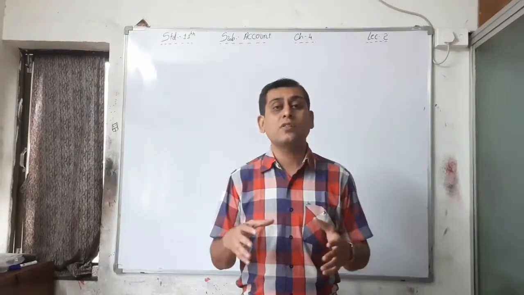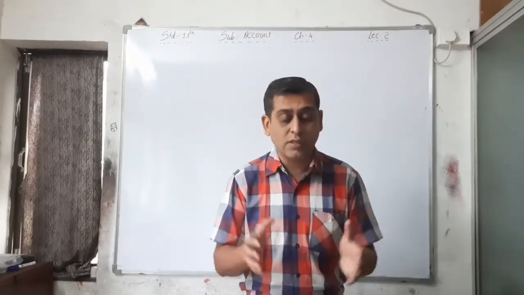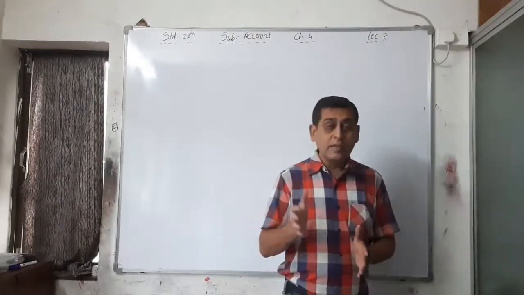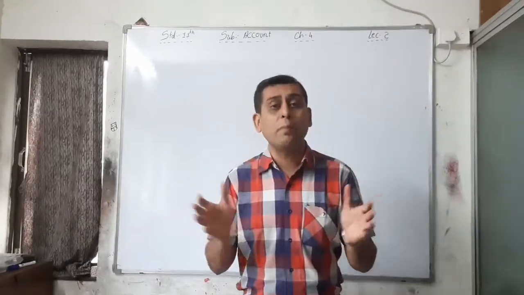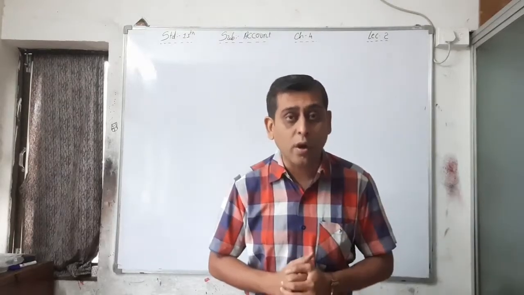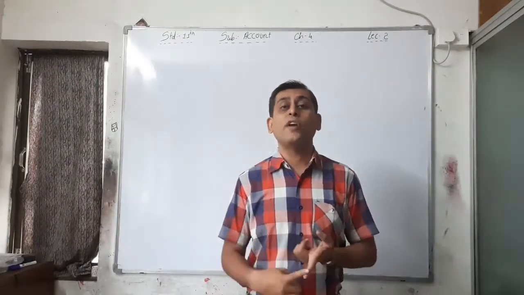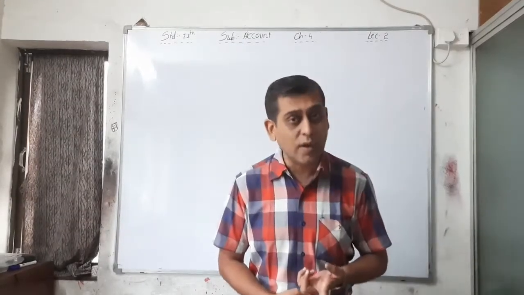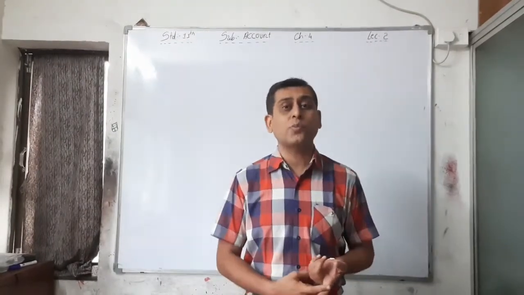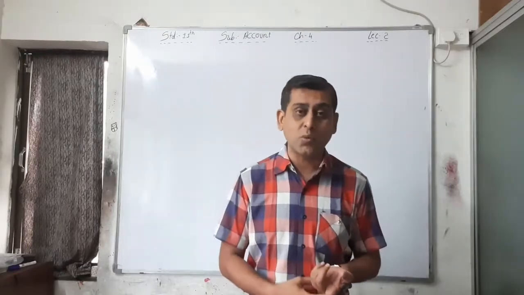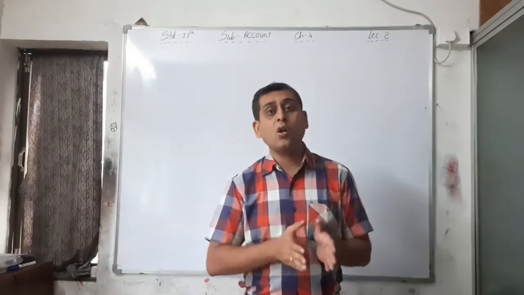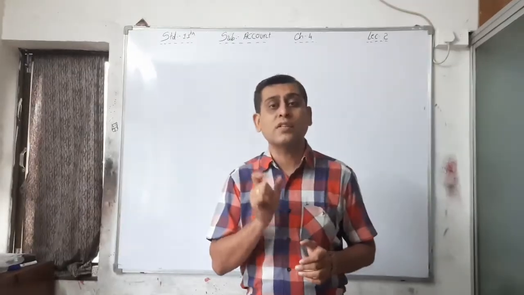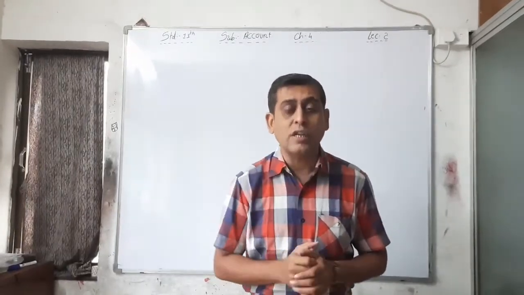These are the three entries, but we can combine them and make it one. Wages is our expense, that's why debited. Salary is our expense, debited. Telephone expenses is also our expense, debited. Only the cash account is credited in all three entries.